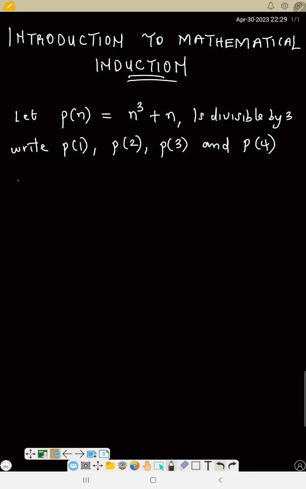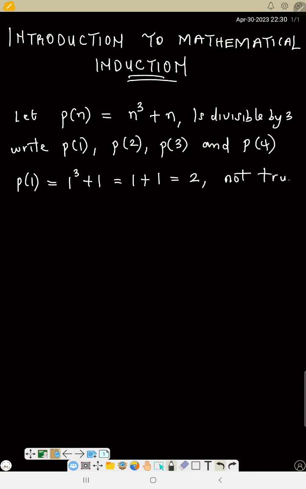So now let's say P(1). So anywhere you see n here, put 1. Remember, the statement here is that this result is divisible by 3. So we want to know which one is true and which one is false. So this is 1 raised to power 3 plus 1, 1 plus 1. So this is 2, so not divisible by 3.